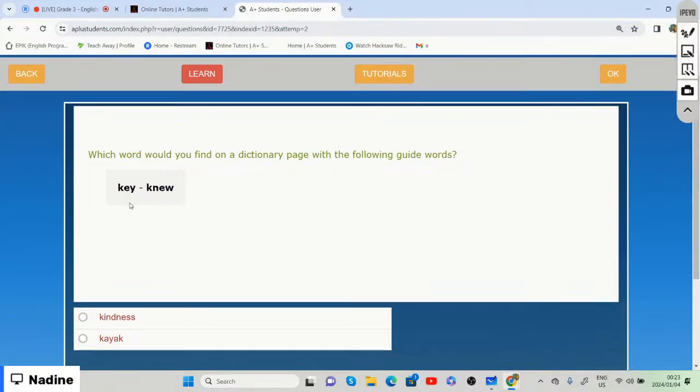Key being KAY, new being KNEW. So if we look at these two words, kindness and kayak, which one will come between key and new? Keeping in mind, key and new are guide words, which means that on a dictionary page, key will be the first word and new will be the last word, so any word that you choose is going to come between key and new.